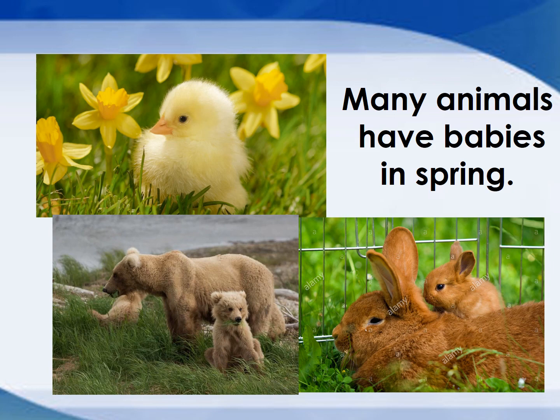In spring season, many animals have babies. They give birth to their young. So we have the birds, we have the mammals, we have the reptiles, amphibians, insects. Almost all of these kinds of animals have babies in spring.